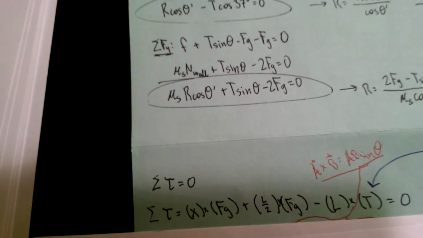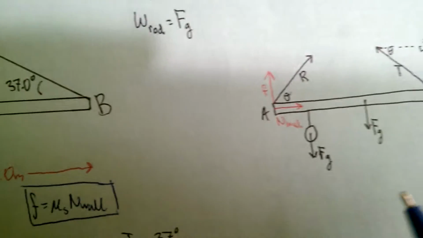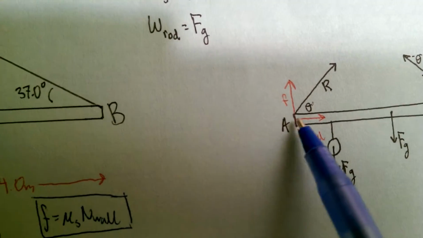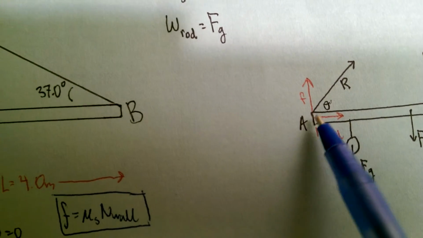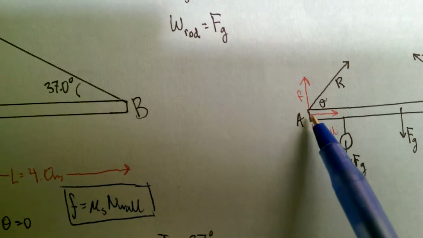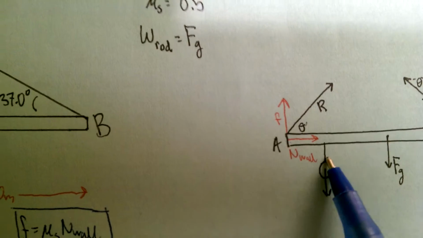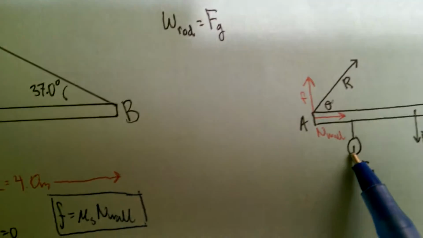So since this object is in equilibrium, the sum of the torques will equal 0. For the first torque, due to this object, the pivot point will be at point A, since that's the point where we have the most unknown forces. So the distance from point A to this is x, which is what we want to find.